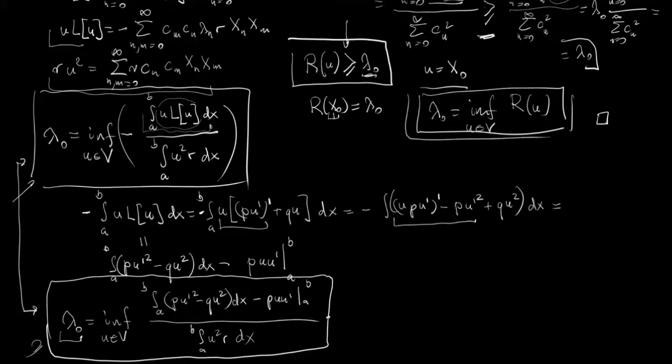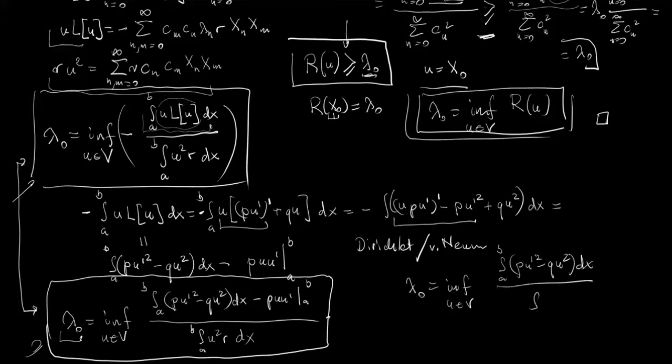In particular, if we are in the case of Dirichlet or von Neumann boundary conditions, then the formula simplifies even into the infimum over u satisfying Dirichlet or von Neumann boundary conditions, and now the integral is from a to b of p u prime squared minus q u squared dx divided by the integral from a to b of u squared r dx.